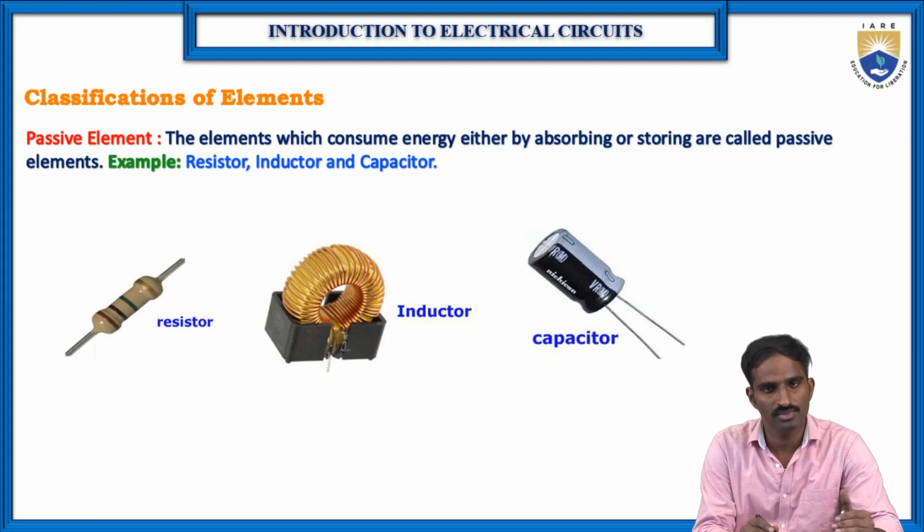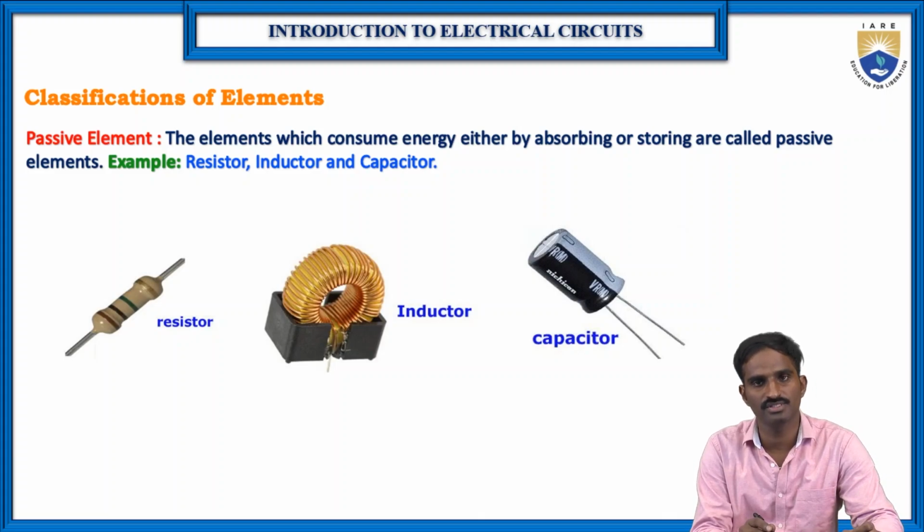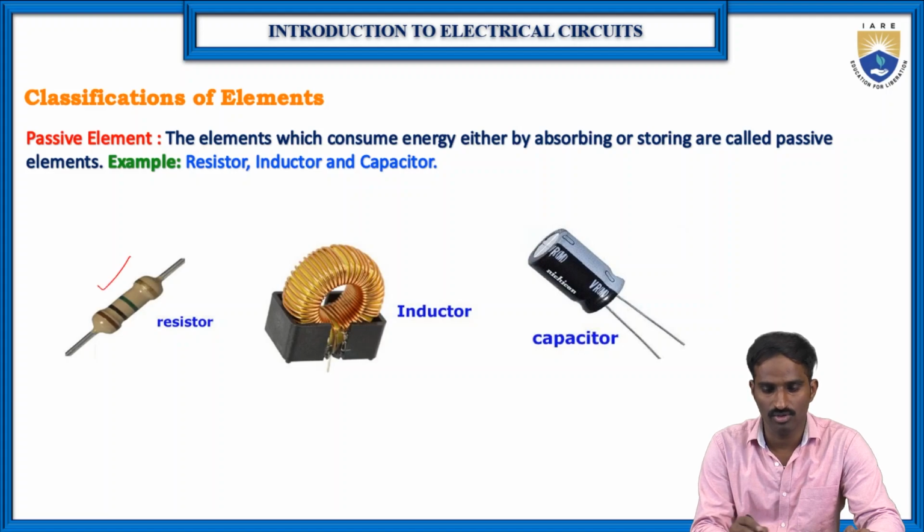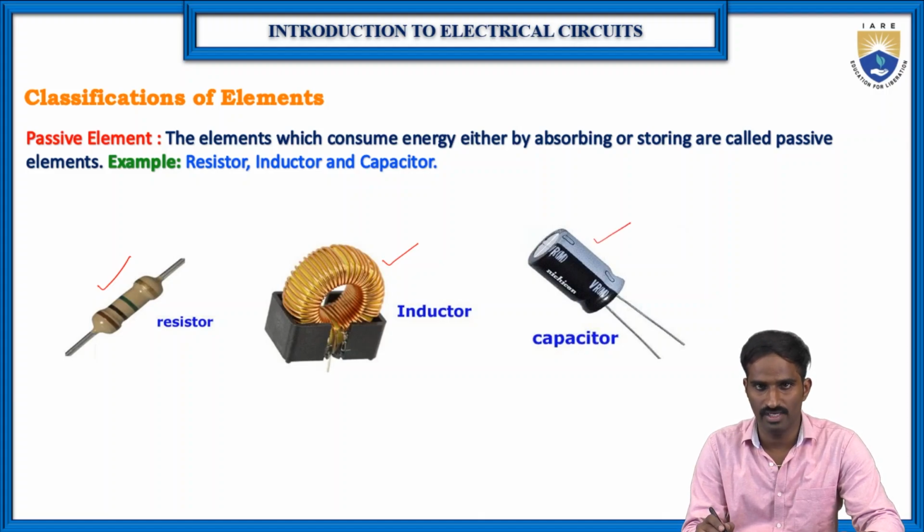Not only in this form, there are different types of resistors too, but the very popular physical appearance of the resistor is like this. This is the inductor and this is the capacitor. So these are the passive elements, the energy consuming elements.